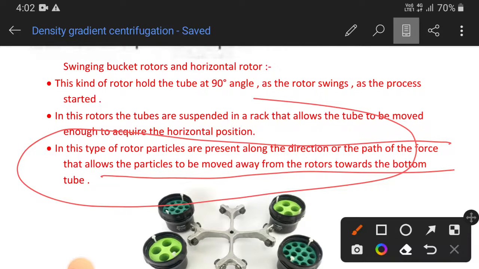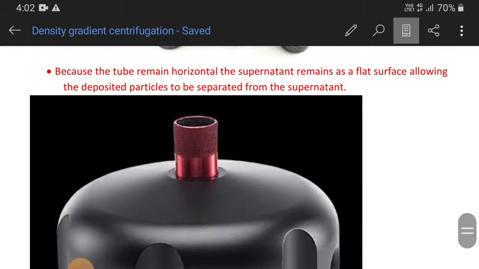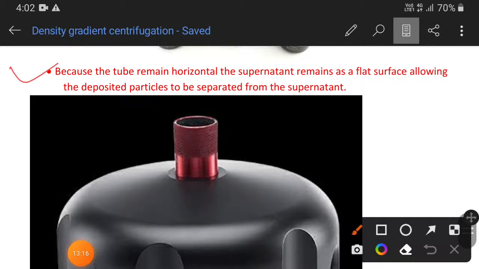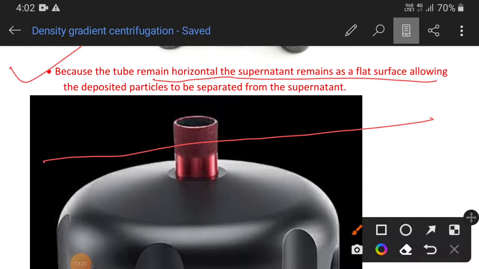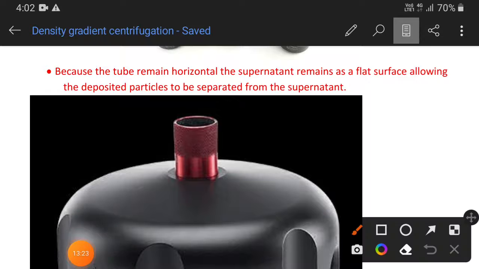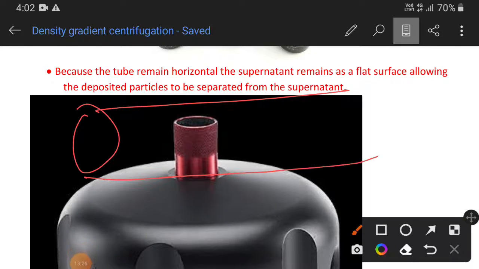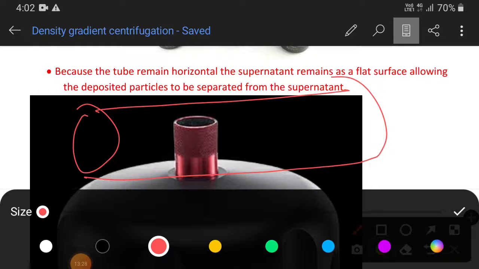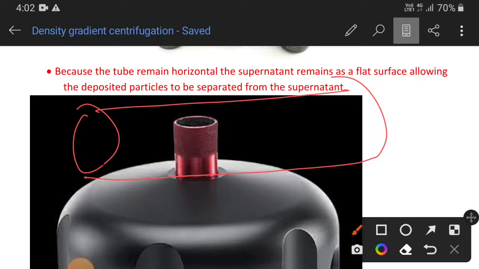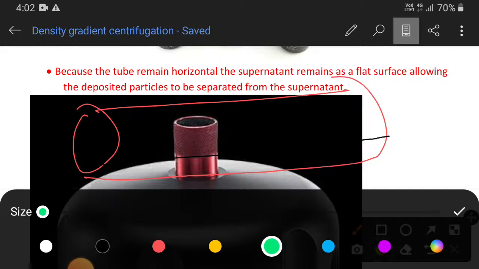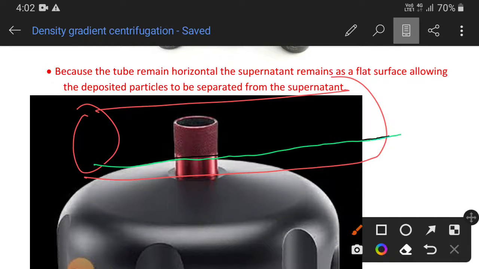So good separation can be obtained with the help of the swinging bucket rotor. Along with that, because the tube remains horizontal, the supernatant remains flat on the surface, so it is easy to remove the deposited particles from the supernatant.